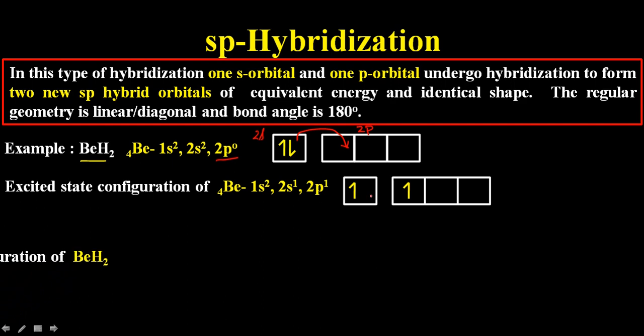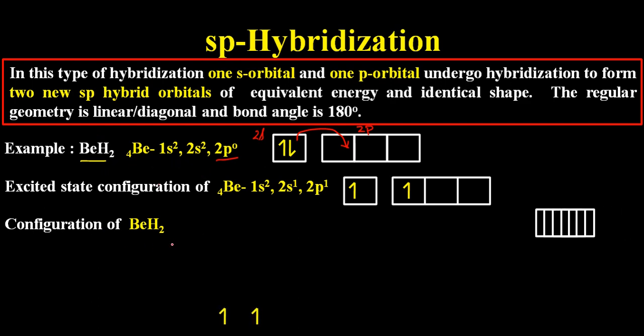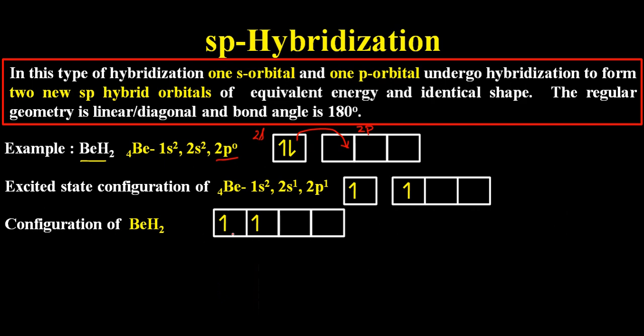So there are now 2 unpaired electrons which can overlap with 2 hydrogen atoms through their 1s orbitals. So in the configuration of BeH2, the 2 atomic orbitals now have 1 unpaired electron in each. Out of these 2 orbitals, one orbital is of the s subshell and the second orbital is of the p subshell.